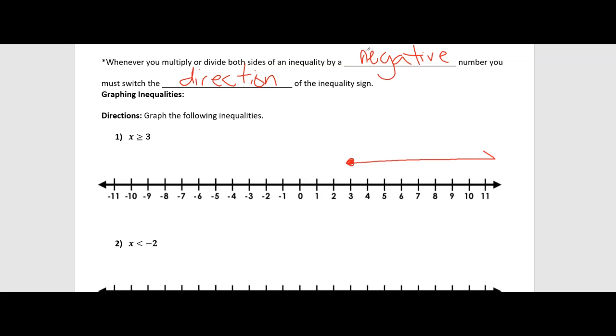Is it this side, with numbers like 4, 5, 6, 7, etc.? Or is it numbers to this side, 2, 1, 0, -1, etc.? Well, the numbers greater than 3 are going to be the numbers to the right, so that is going to be our inequality graph.